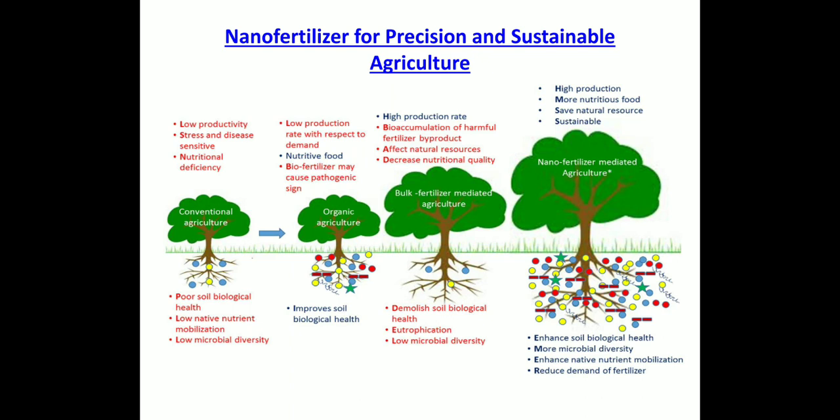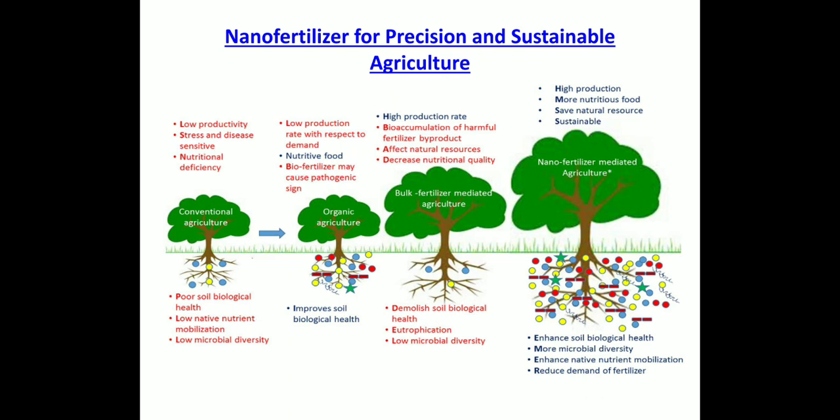As you know, the productivity of crops as well as land is low recently. Nowadays it continuously decreases the productivity, as well as pest and disease insensitivity, and nutritional deficiencies are there in the conventional agriculture systems. But in organic agriculture there is low production, then nutritive food, biofertilizer may cause pathogenic issues.